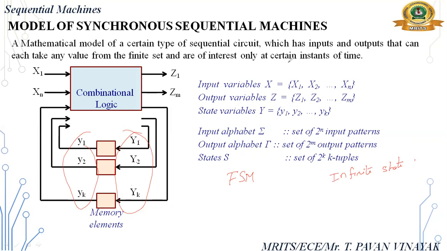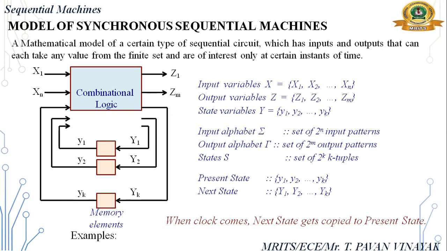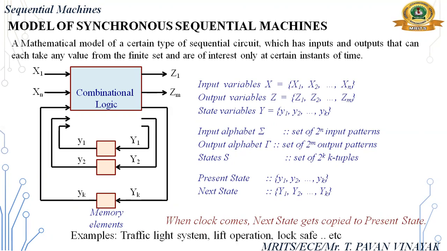In this syllabus, we learn about finite state machines only. Examples of sequential machines are traffic light system, lift, lock safety, etc.